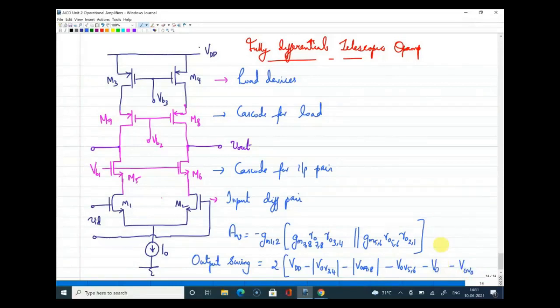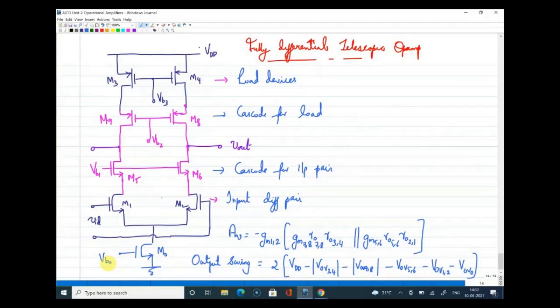You'll be wondering which is transistor 0. This is 1, 2. This is 0, and this needs to be replaced by a transistor itself here, and that will be biased separately. Maybe I'll mark this as VB0, and this is the structure of a fully differential telescopic op-amp.